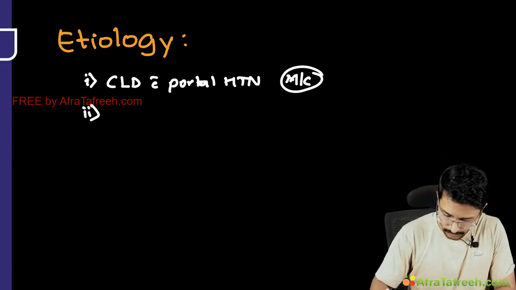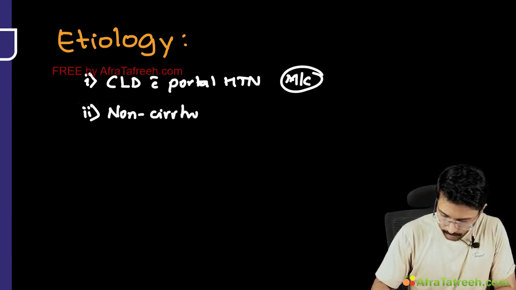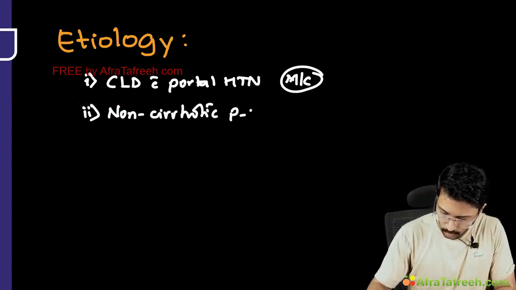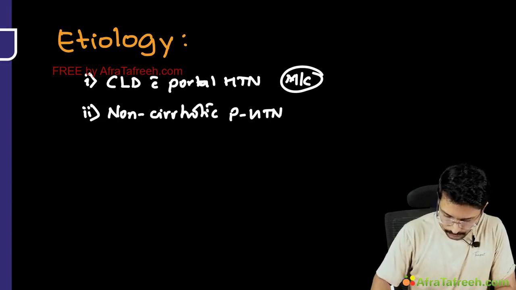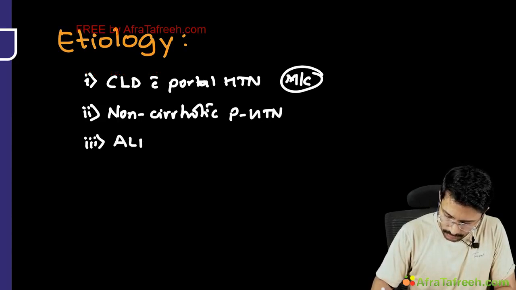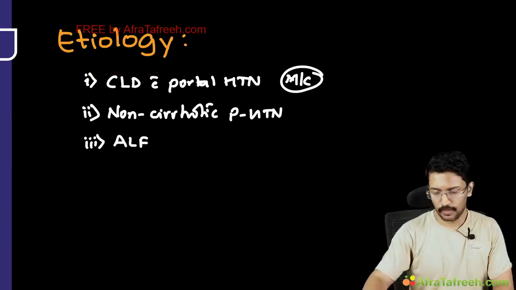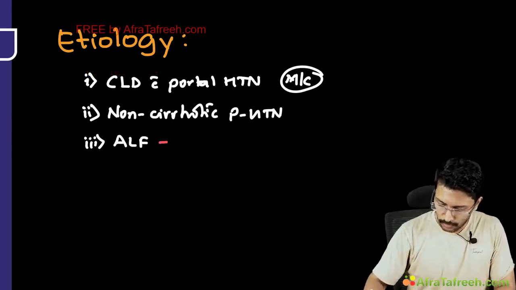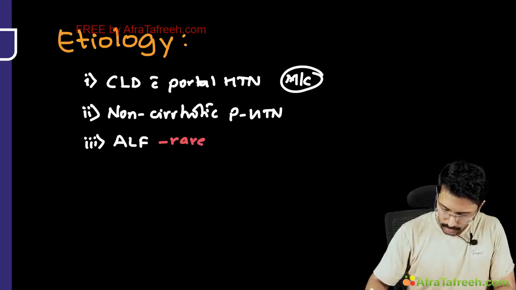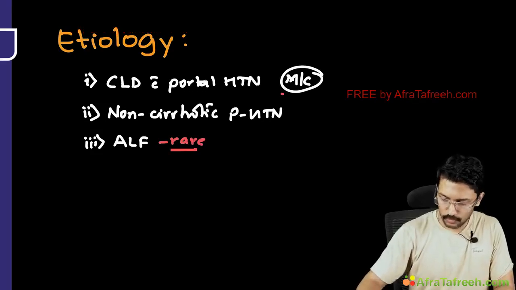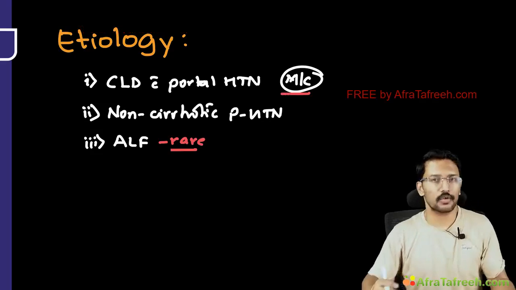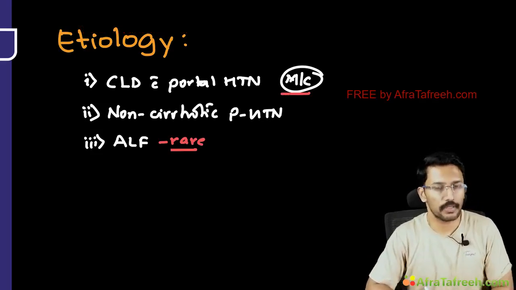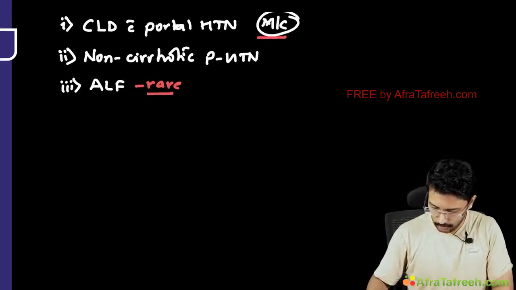Apart from that, patients with non-cirrhotic portal hypertension can also present with hepatopulmonary syndrome, and very rarely patients with acute liver failure might present with it. So among these, acute liver failure is a rare cause, and the most common cause is any cause of CLD or cirrhosis with portal hypertension. Clear? Okay, so that's about the etiology.